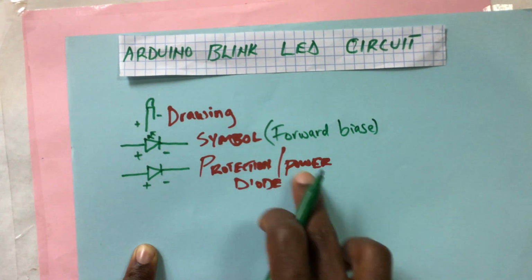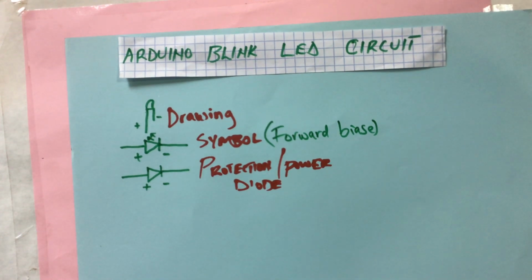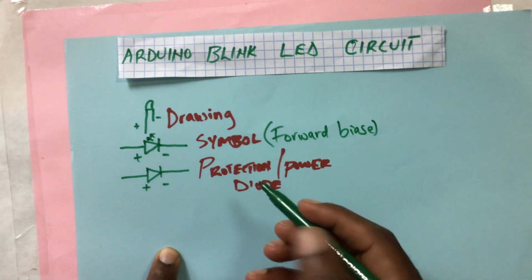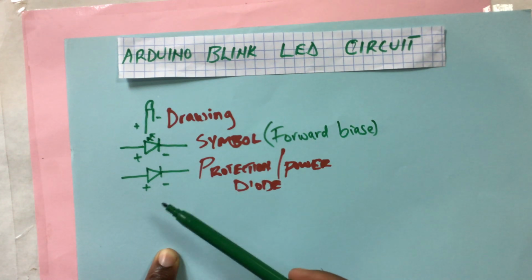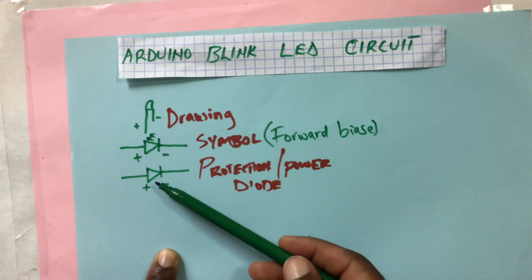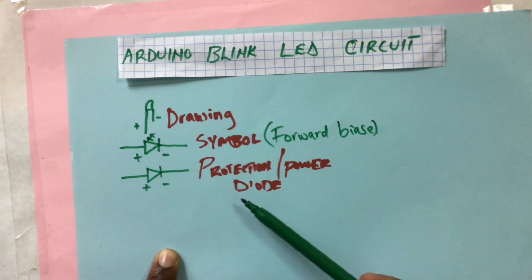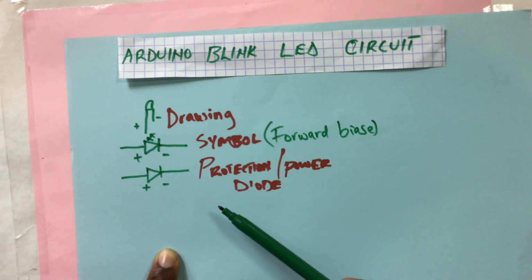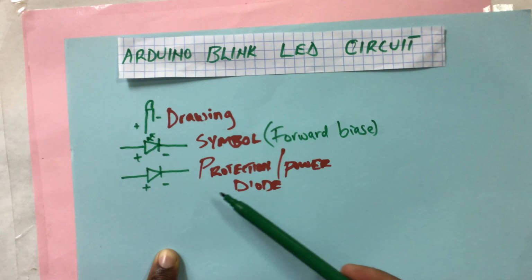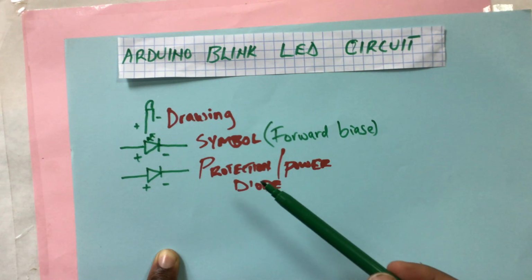For this other one, the latter one, depending on the work it's doing, if it's doing protection and it's just protecting our equipment from the reverse current, we normally connect it in reverse bias. Reverse bias means the positive side will be connected to the negative side of the thing we are protecting, and the negative side will be connected to the positive side of the thing that we are protecting.